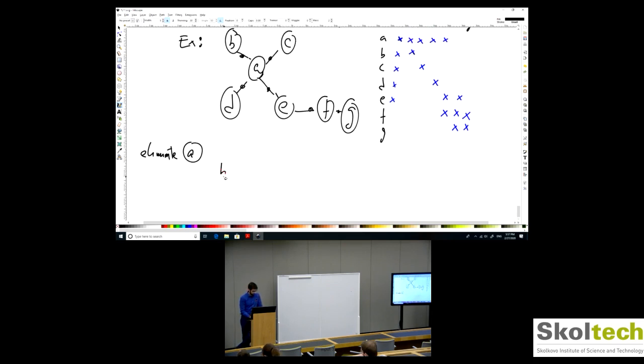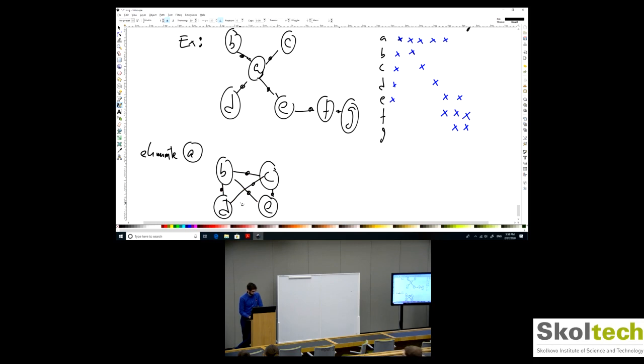It's going to look like this: B, C, D, E. Basically, all these intermediate connections should be preserved. If we eliminate A, B and C were connected directly through A, so there should be a connection. The same happens for E, the same happens for B and D, and the same happens for this.